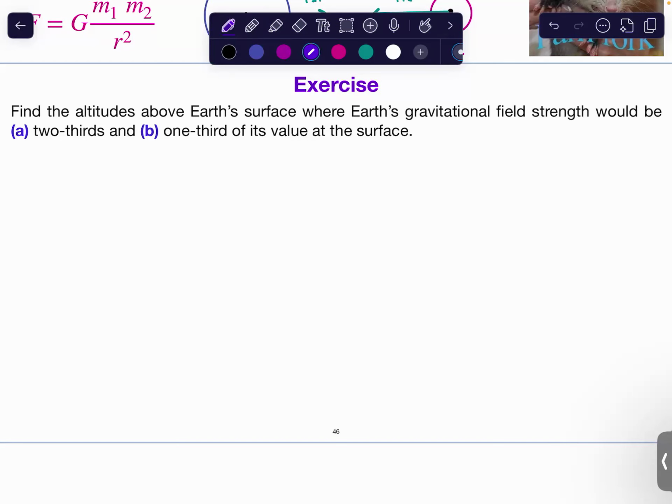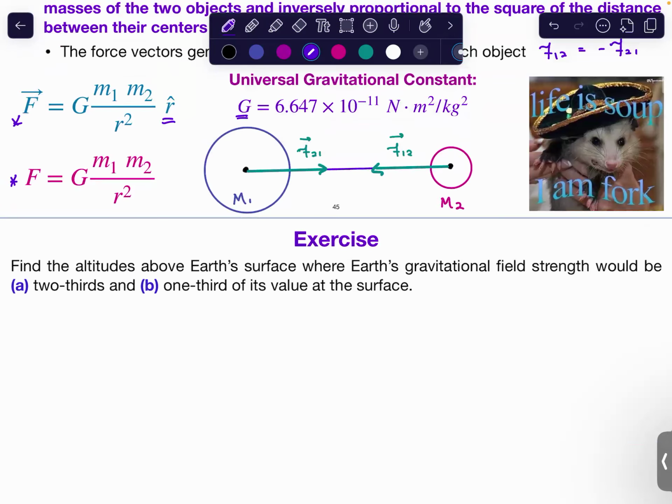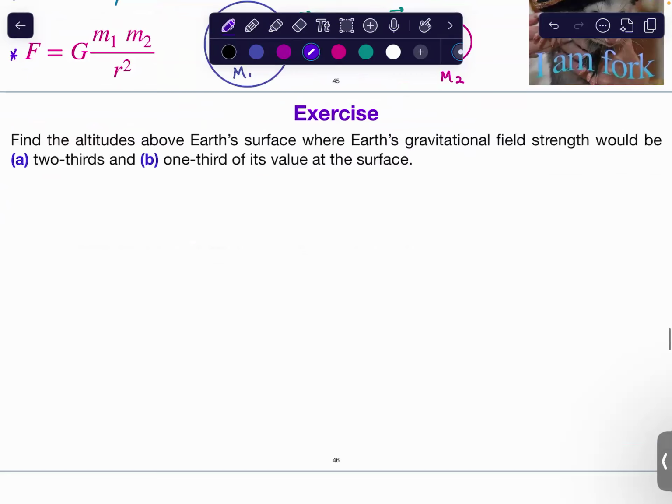If you go back up and think about the law of universal gravitation, we can pull the gravitational field out of that. For Earth, our gravitational field is usually denoted as g, and it's going to be a constant. The field is going to be the gravitational constant G times the mass of the Earth, over the radius of the Earth squared.